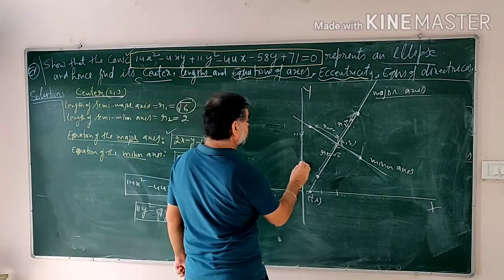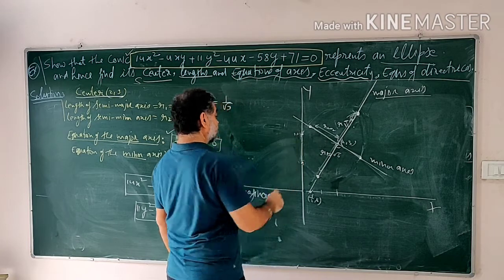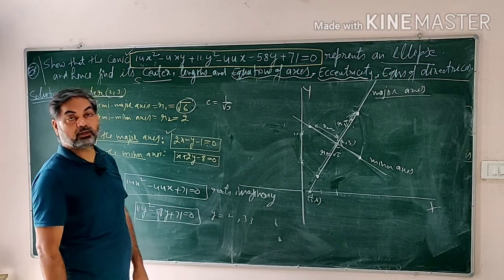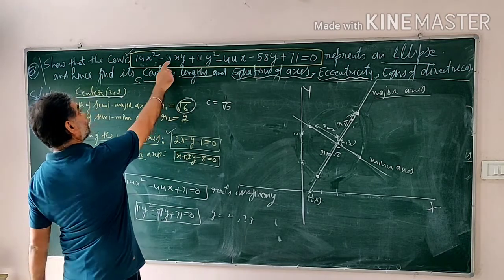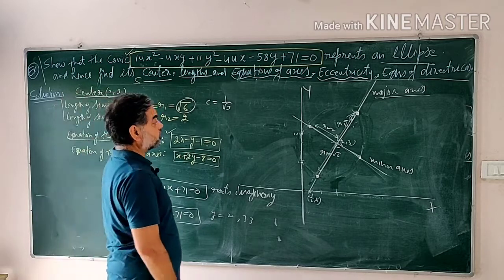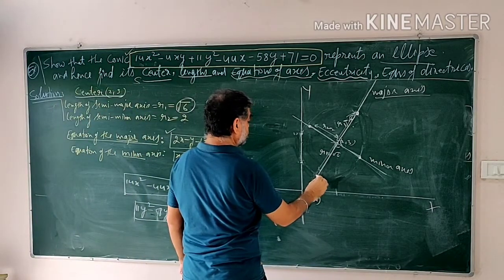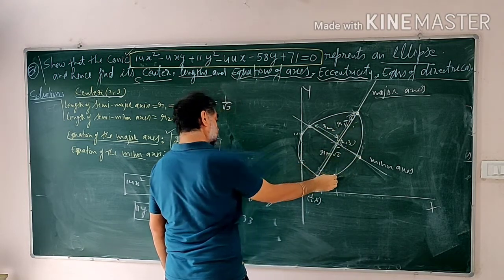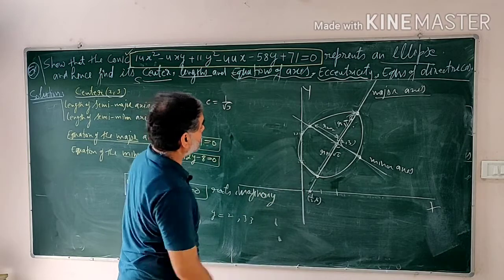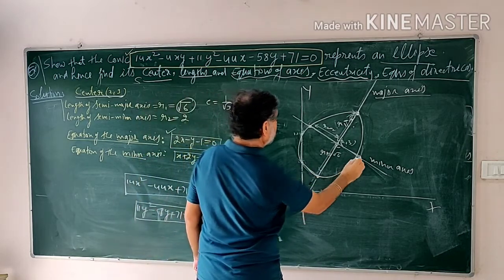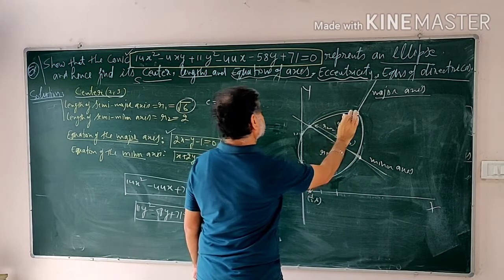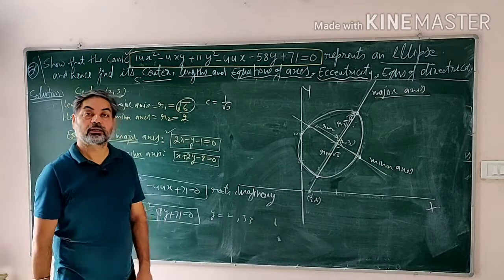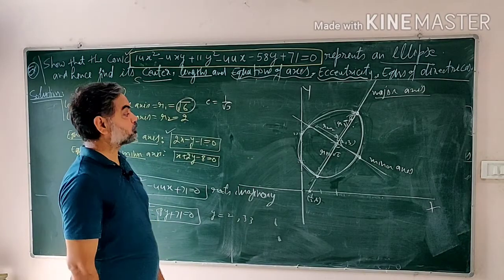So you mark these points where the ellipse cuts the y-axis. Now we have got all the points, so you roughly join these points to draw this ellipse.